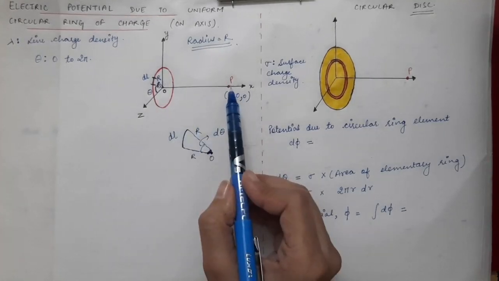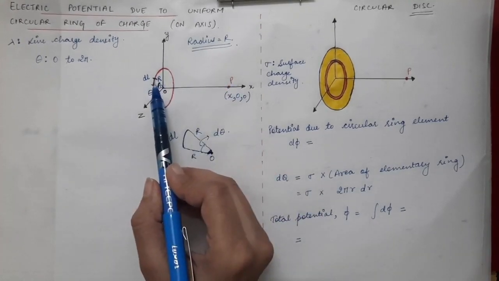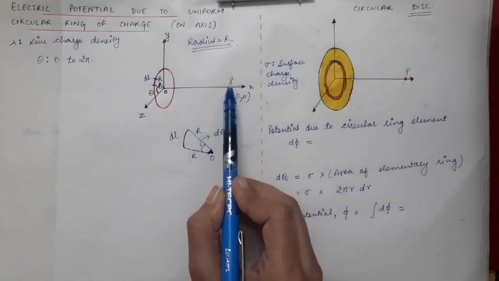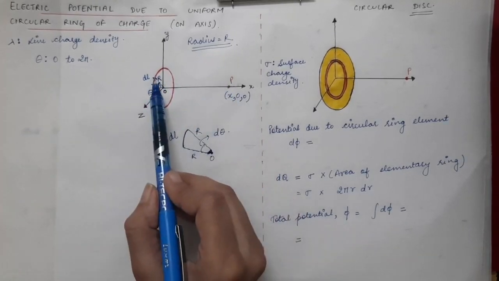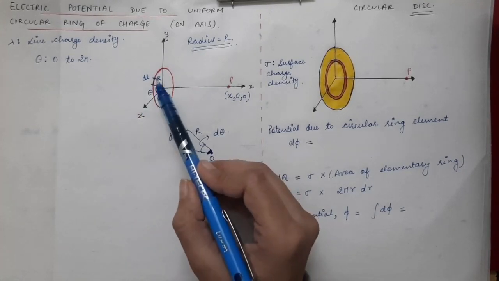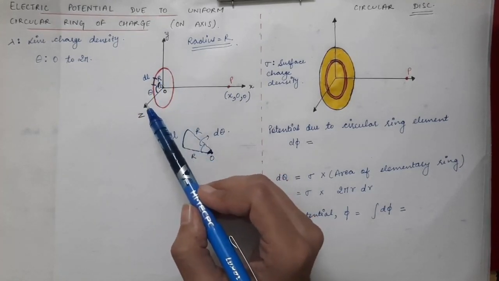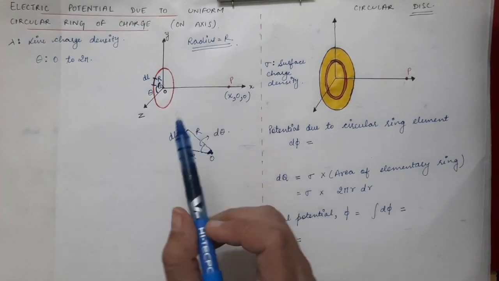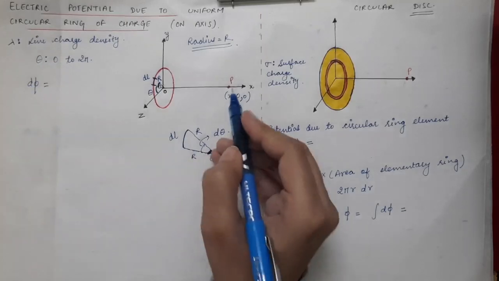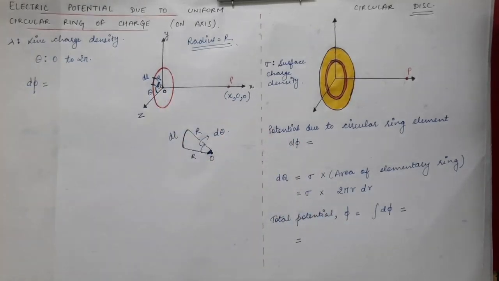So we are going to find out the potential at P due to this small length element. So first of all, we are going to find the potential at this observation point due to the charge present in this small length element, and then we will do its integration over the whole length. So first of all, we are going to find d phi, which is the potential at P due to this small length element.